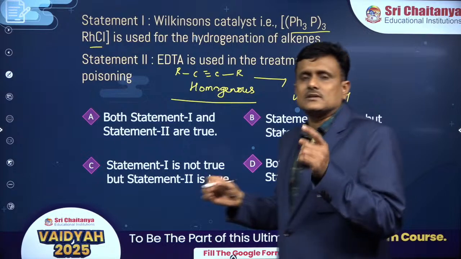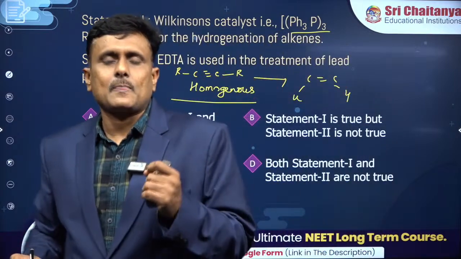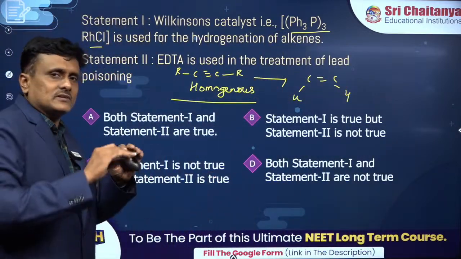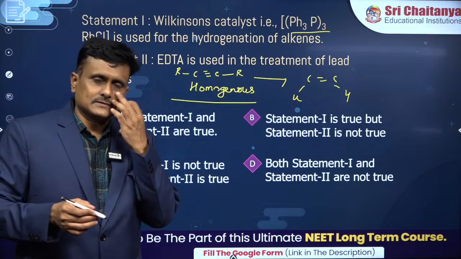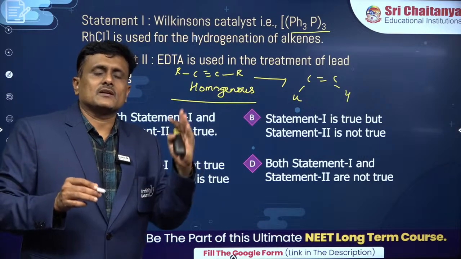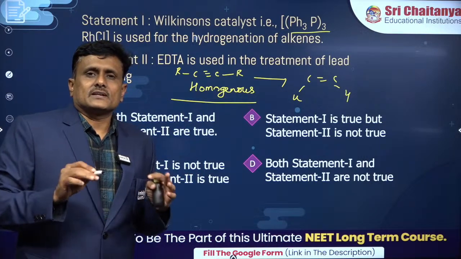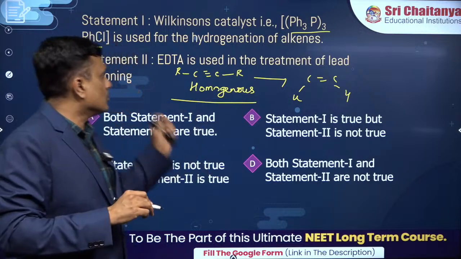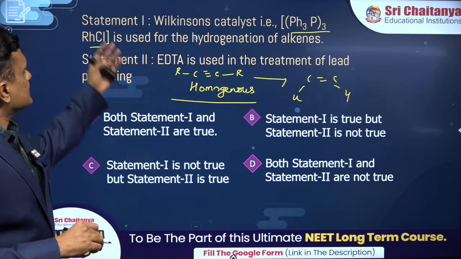The same thing which Lindlar catalyst does. It is homogeneous because every substance is in the same physical state. Heterogeneous is hydrogen in presence of nickel, platinum, palladium. This is homogeneous. That is a correct statement.